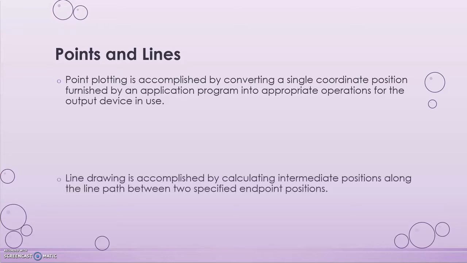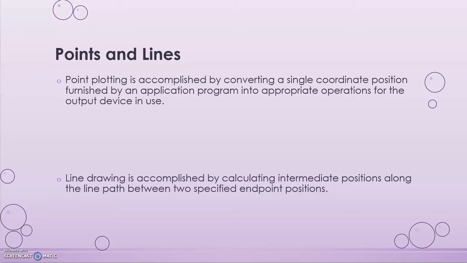Line drawing is accomplished by calculating intermediate positions along the line path between two specified endpoint positions. An output device is then directed to fill in these positions between the endpoints. For analog devices such as a vector pen plotter or a random scan display, a straight line can be drawn smoothly from one endpoint to the other.